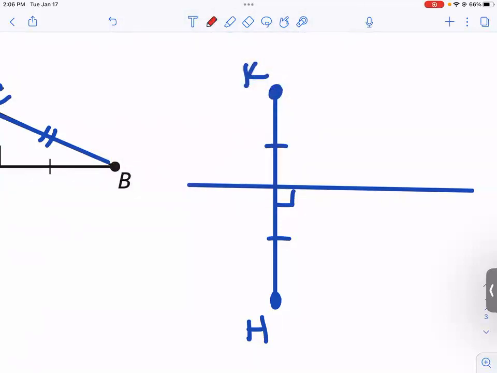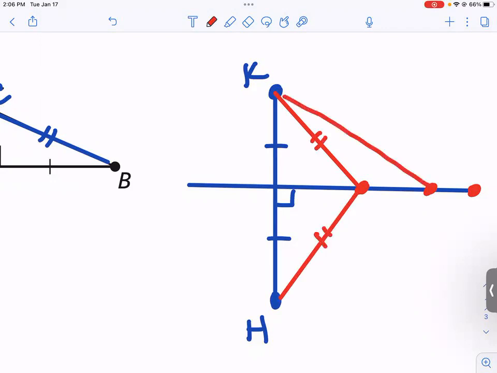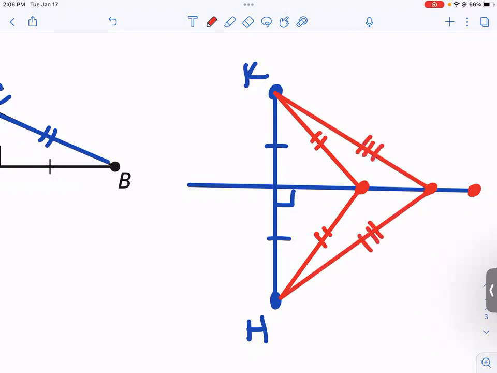I can pick any point on the perpendicular bisector, and any point is going to be equidistant from my endpoints. So like these two segments are the same, these two segments are the same, etc. Anytime I draw a point on this perpendicular bisector, that segment is going to be equidistant from the endpoints.